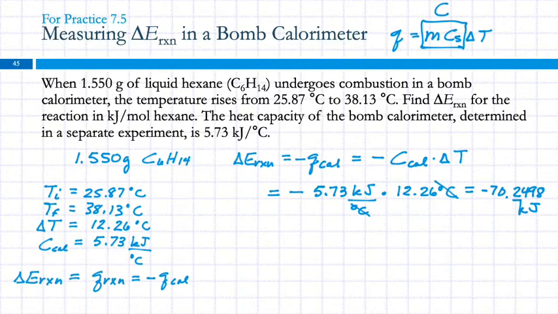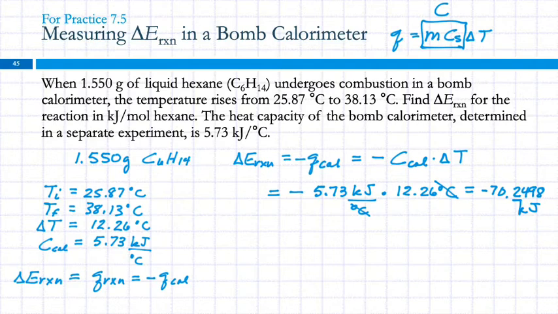So this would have 3 significant figures. I calculated a delta E in units of kilojoules. Does this answer the question? No. This is the amount of energy in kilojoules that is released when 1.550 grams of hexane burns.